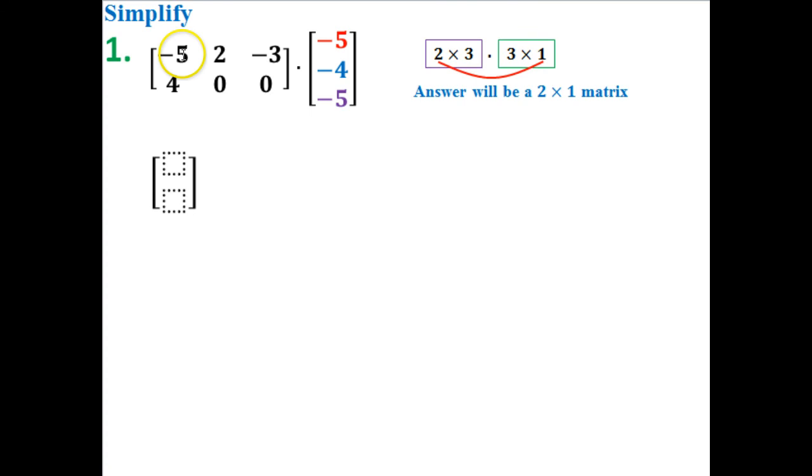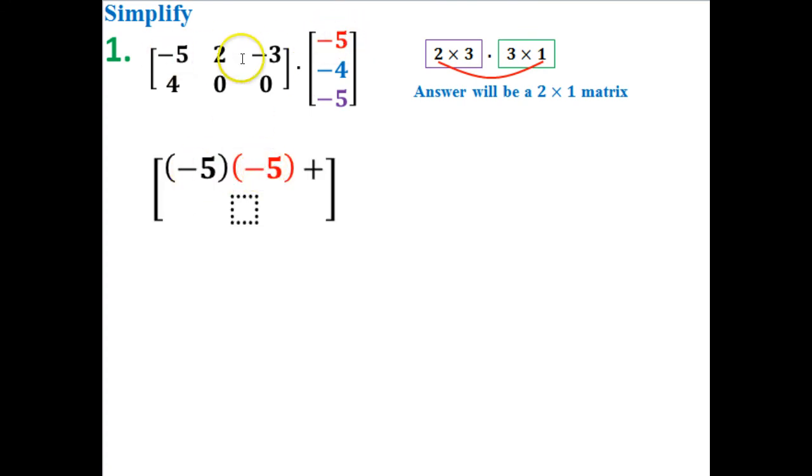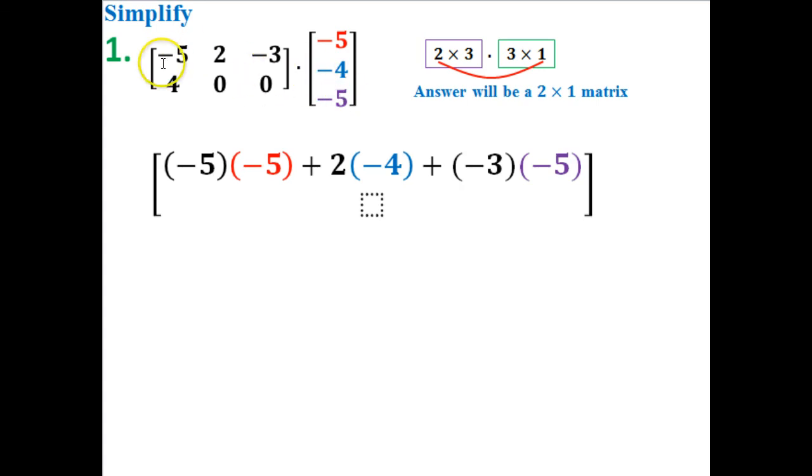I've got -5, and I'm going to multiply it by this -5 here. So -5 times -5. This 2 is my middle one, so I'm going to multiply it by -4. And finally, I've got this -3, and I'm going to multiply that by this -5. So I'm taking this whole row and multiplying it by this whole column, with the middle one multiplied by the middle one.